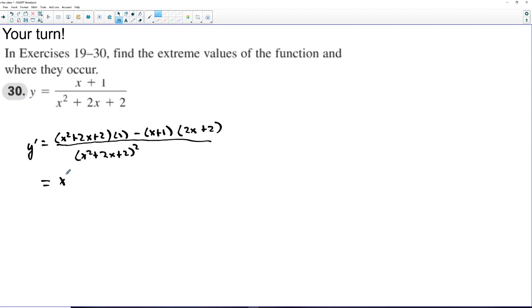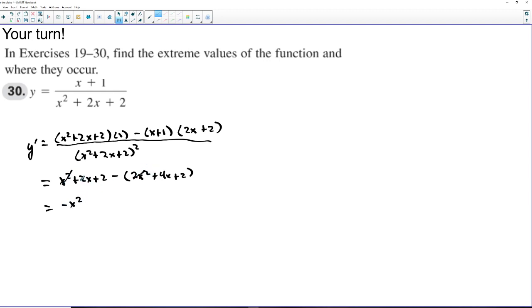It's equal to x squared plus 2x plus 2 minus 2x squared. Let's see, there's the 2x squared.